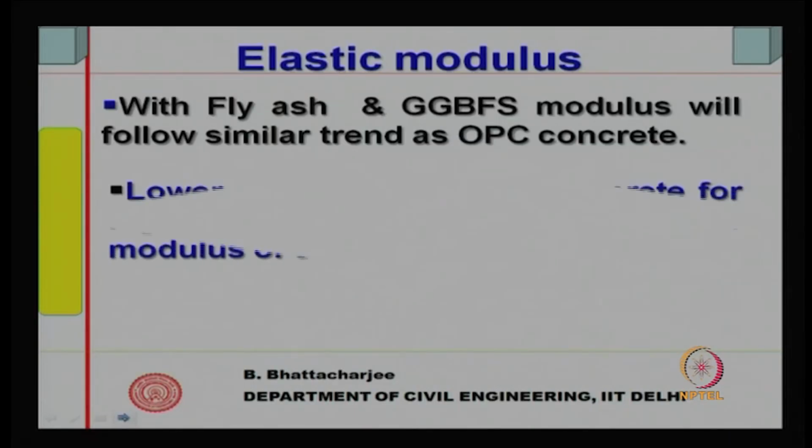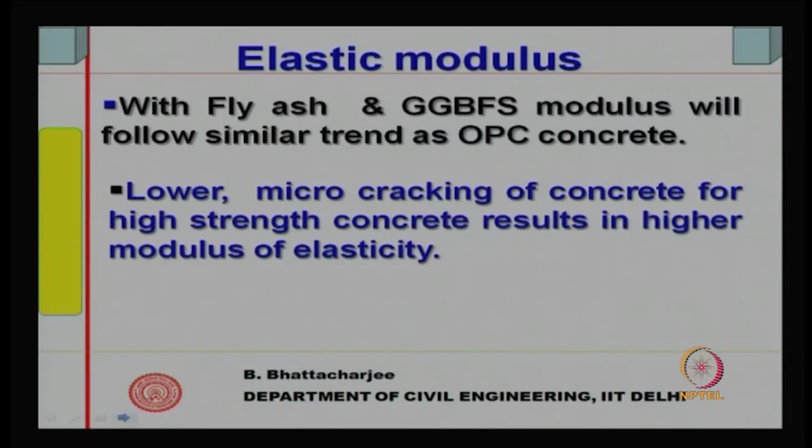Only thing is, instead of lime that was present, which is a kind of non-sealing precipitate and sparingly soluble, now you have more CSH. So, largely the behavior, the modulus of elasticity, should not change. You will find a similar relationship, similar type of behavior as concrete without fly ash.